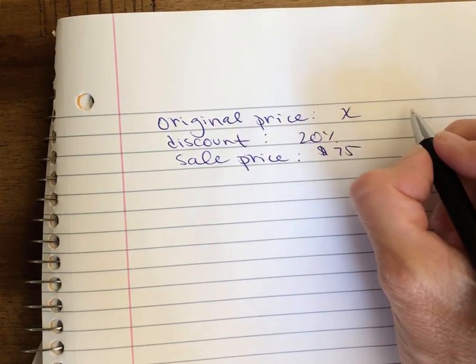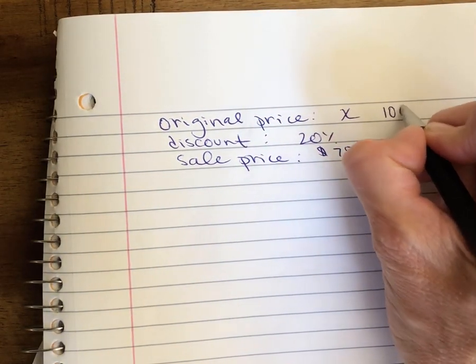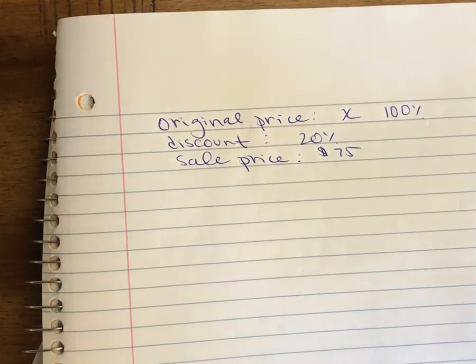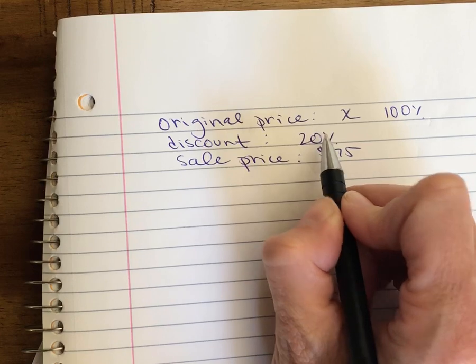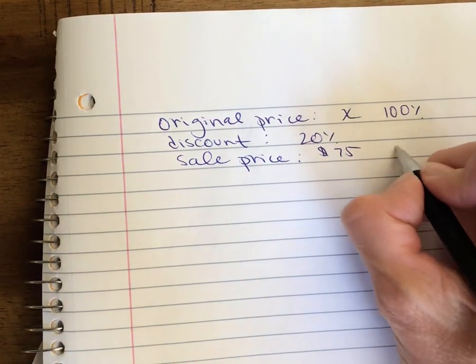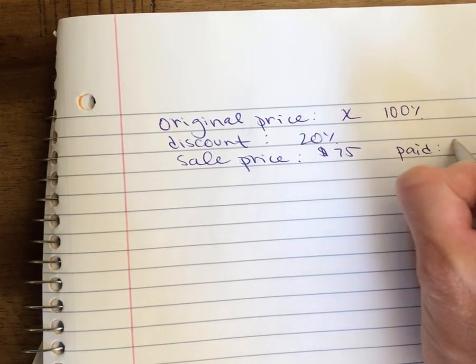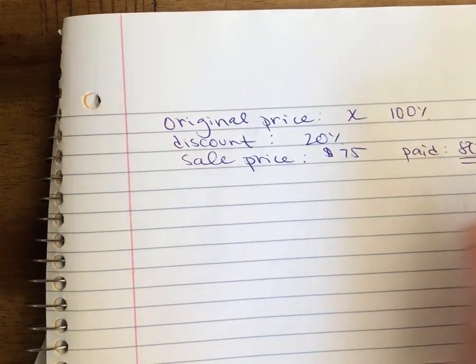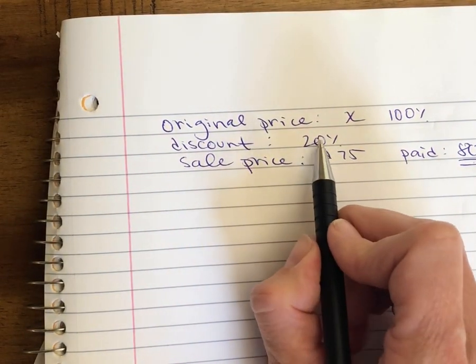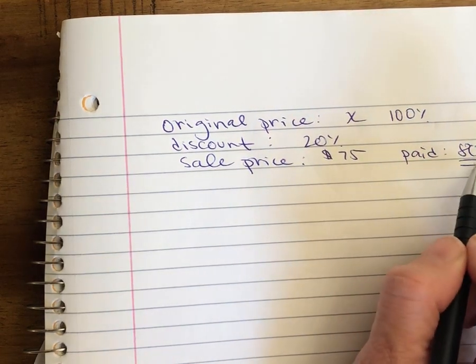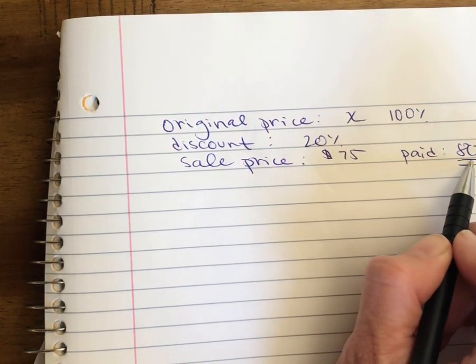The original price, consider that like you're paying 100% of what it costs. If it's being discounted by 20%, that means you paid 80% of the original price. So it's taking 20% off the price, so you're paying 80% of what the price is.